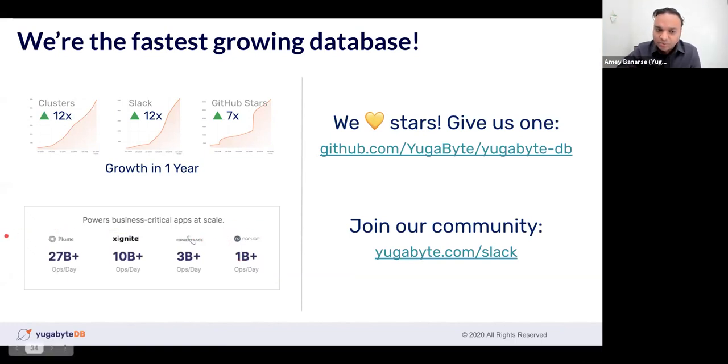These customers do more than 1 billion transactions a day with Yugabyte. And we would love to see some of you participating and achieving the scale with Yugabyte and meeting your business SLA or overachieving your business objectives with us as well.